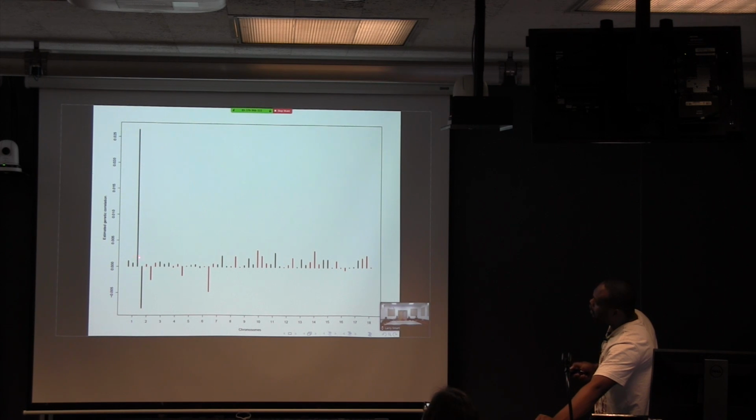a strong correlation here, not strong in terms of the value, but this segment shows very strong correlation. And then we also see something here, that most of the segments in white are positive. We observe positive correlations.